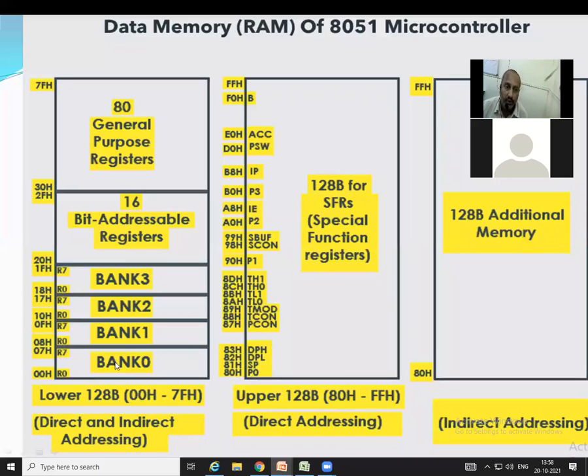In bank 0, if I want to get access to the R0 register, what is the address of that R0? 00H. Similarly, if I want to get access to the R7 register of bank 3, what is its address? Its address is 1FH.